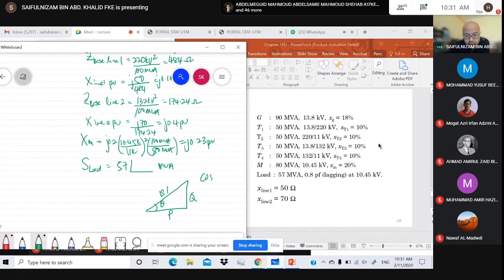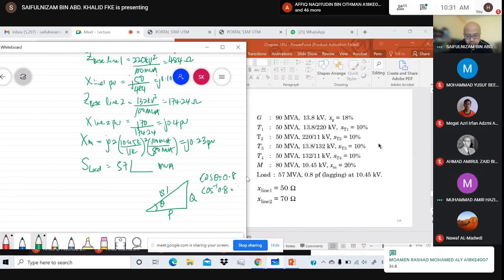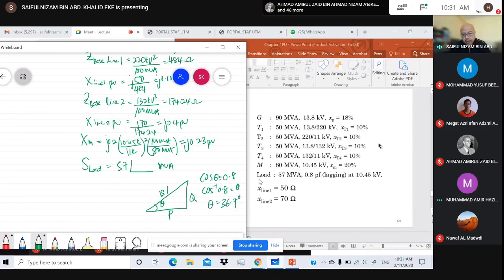So cos theta equals 0.8, so theta equals 36.87 degrees.